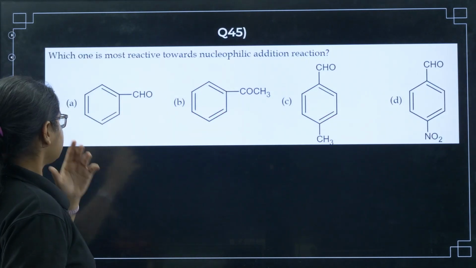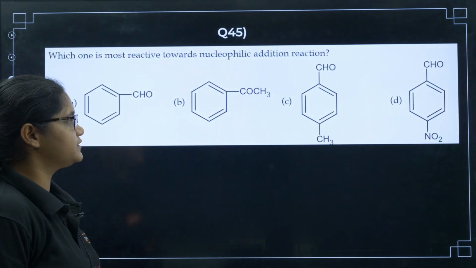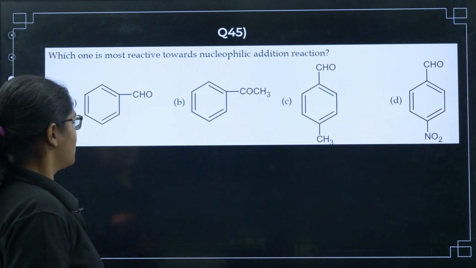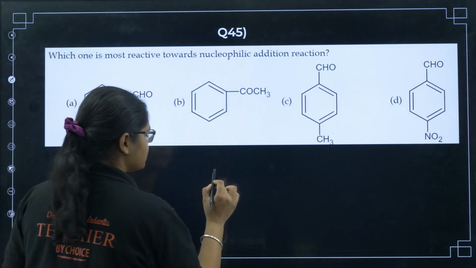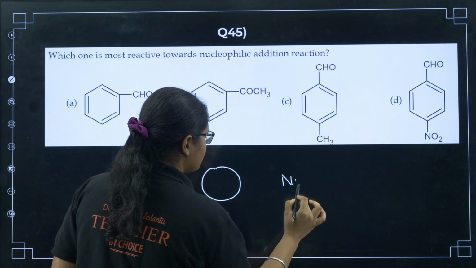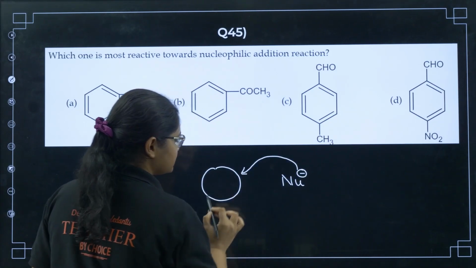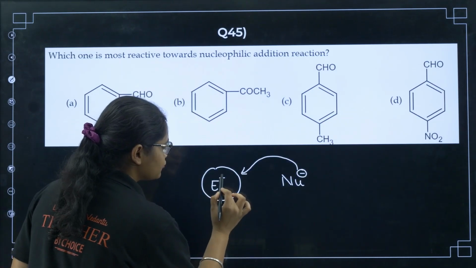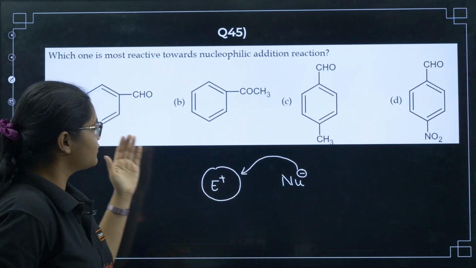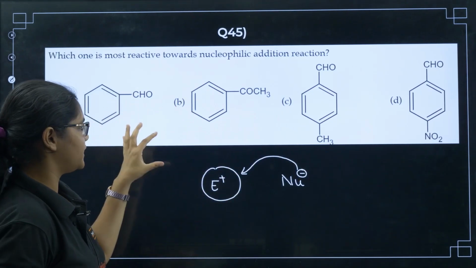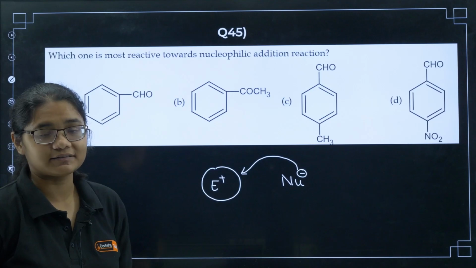Next, which one is most reactive towards nucleophilic addition reaction? Now if I want to add a nucleophile, suppose a species is there and you want to add a nucleophile to this one. So this species should be an electrophile, then only this nucleophile can attack on this one. So out of all these options, I have to check where the electrophilicity is maximum.